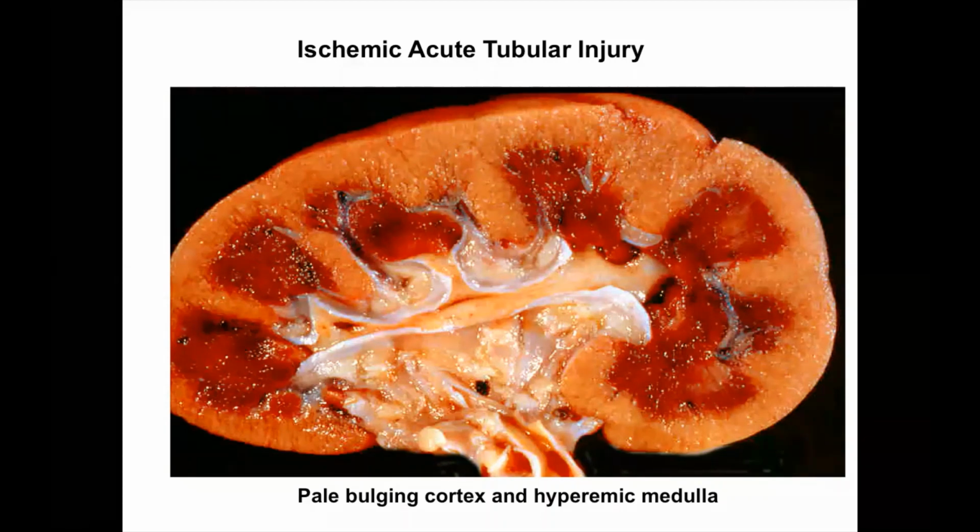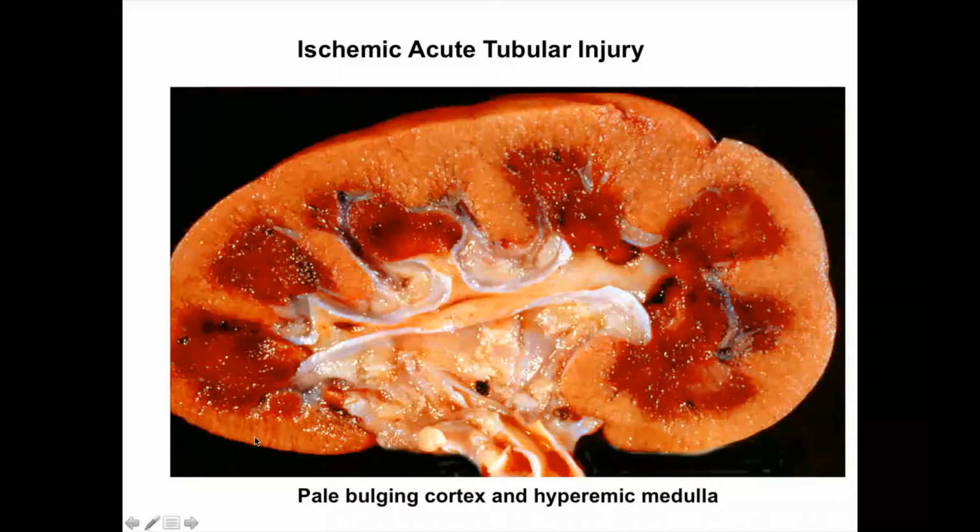Then the kidney gradually starts to open up and forms urine again. So the prognosis is not that bad. Of course, it depends on the severity of the acute tubular injury.